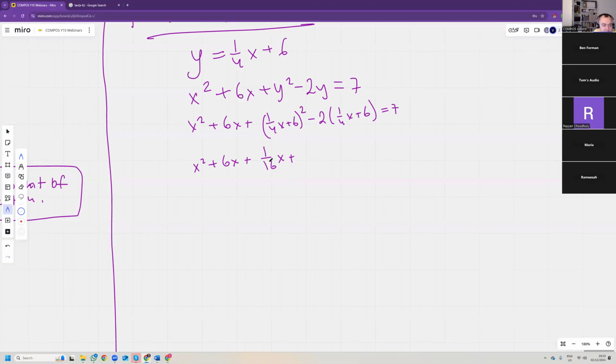Let me try to finish this. x squared plus 6x plus 1/16 x squared plus 12x over 4 plus 36 minus half x minus 3 equals 7. Wouldn't it be 1/16 x squared?